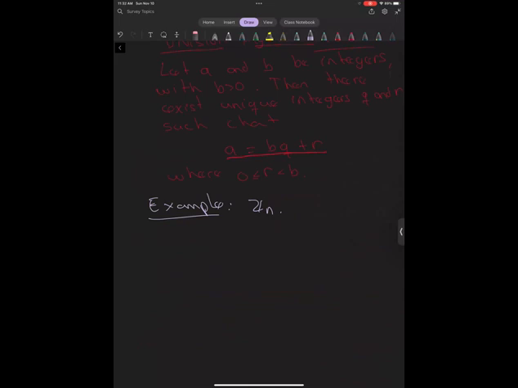So we need to define the sum for those guys. So that's going to be a group. It's going to be a set with an operation satisfying some properties. So, for example, what is 7 plus 4 congruent modulo 5?